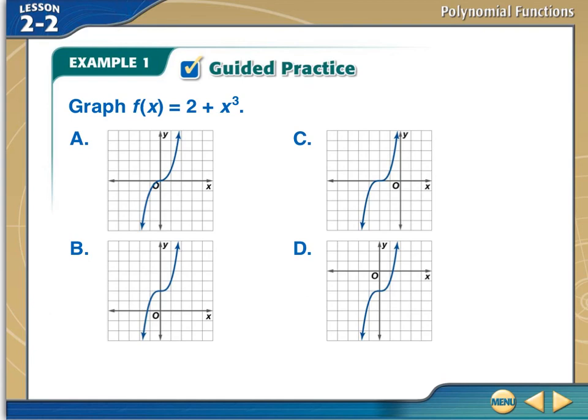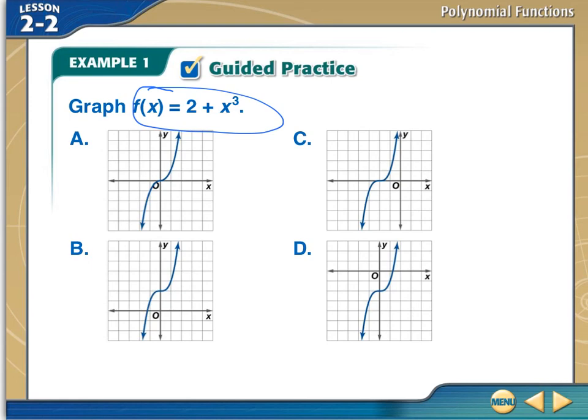Okay, example 1, guided practice here. I'm going to check your understanding of what we've been talking about. Here we're asked to graph the function f of x equals 2 plus x cubed. I would like you to go ahead and graph this function and identify which graph, A, B, C, or D, matches that function.